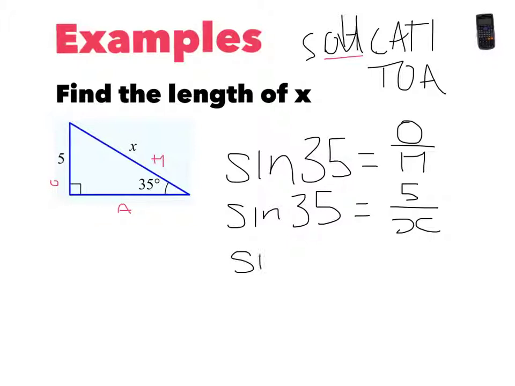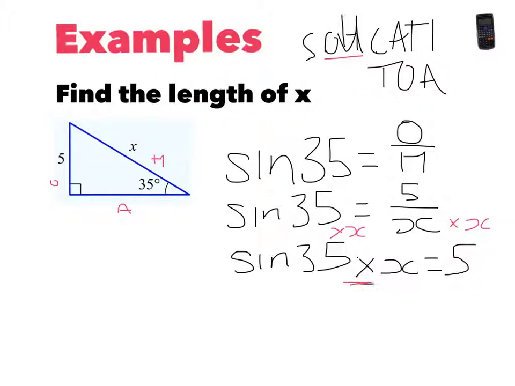The sine of 35, now I need to multiply both sides by x. The sine of 35 multiplied by x is equal to 5. Then to get that x by itself, I need to divide both sides, because I'm doing the opposite of multiplication here. Therefore x equals 5 divided by the sine of 35.